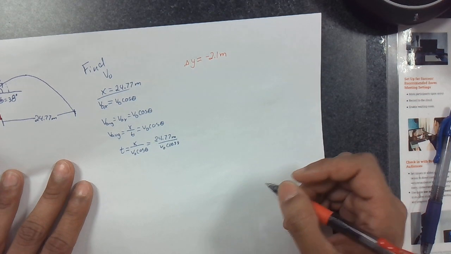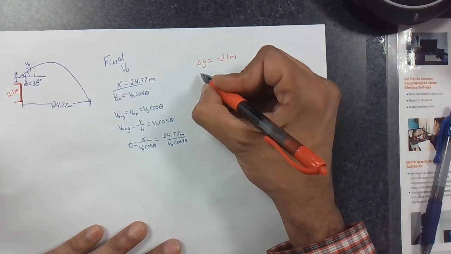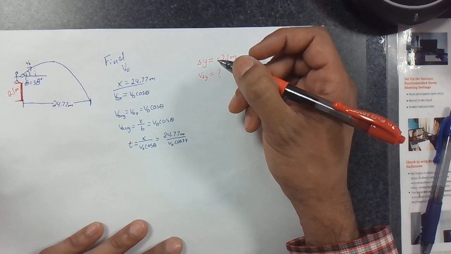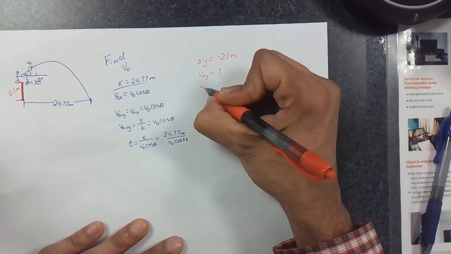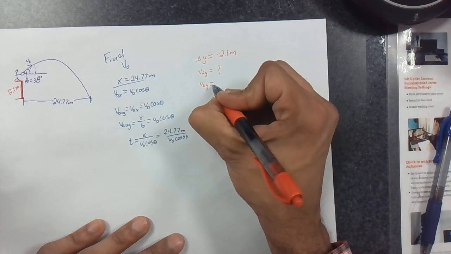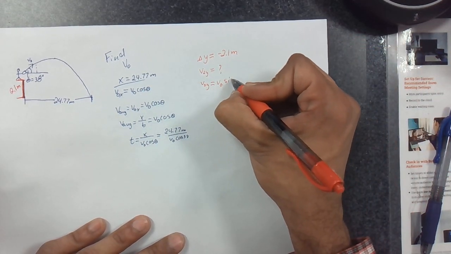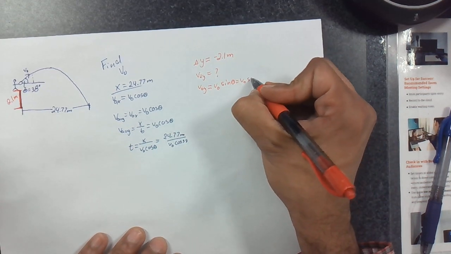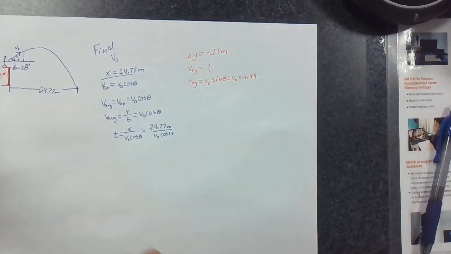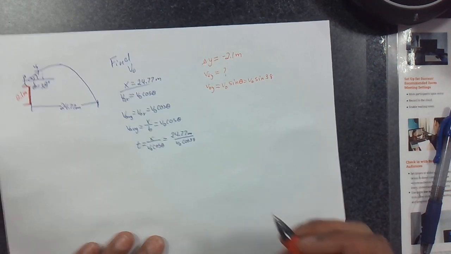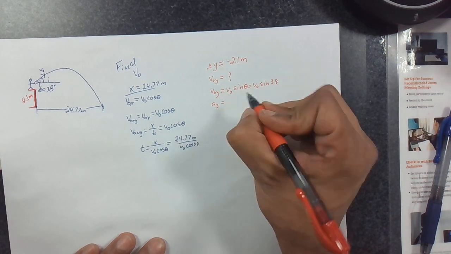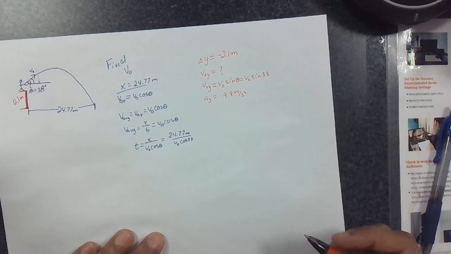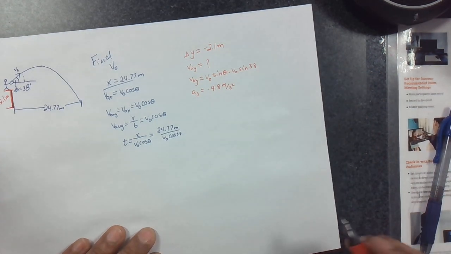And we don't know our final velocity in the y direction. We don't know our v naught in the y direction, but same thing we did here, we can set it to v naught sine theta, which is also v naught sine 38. And in the y direction, we also know our acceleration. This is negative 9.8 meters per second squared, but we don't know time in terms of y.